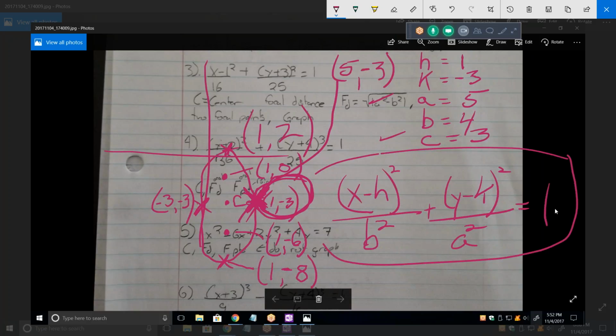The y coordinate doesn't change. We're on the same horizontal axis. The center and the 2 minor vertices all have the same y coordinate. Just like the center, the foci, and the major vertices all have the same x coordinate, which is 1. You with me?